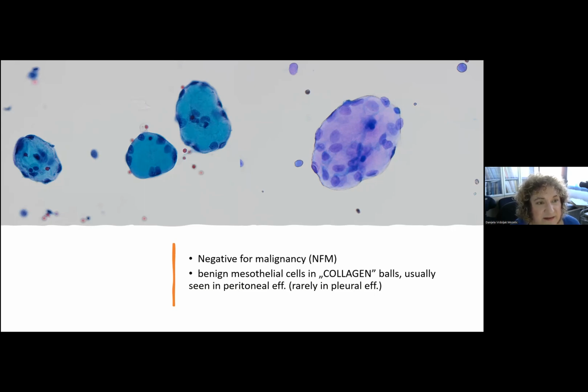They usually line up the collagen material. So we see it in peritoneal fluid, but really rarely in pleural effusions. But these are not some kind of acinar structures of some kind of metastatic cancer, but these are benign mesothelial cells.